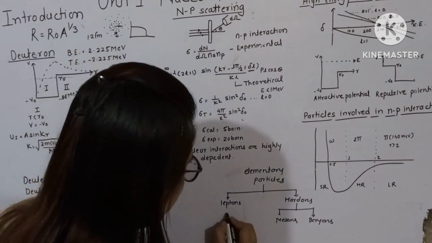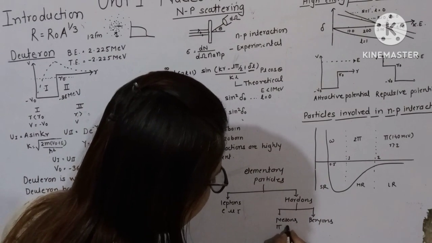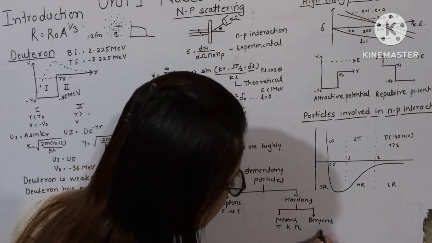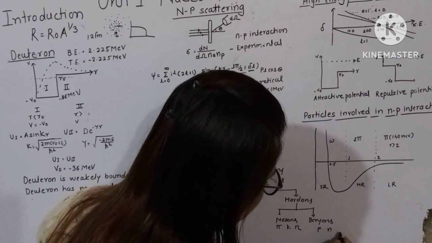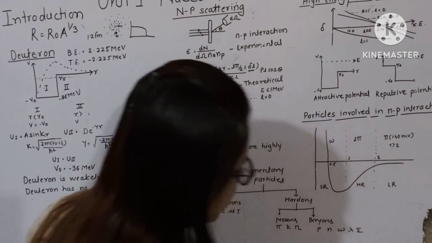Examples of leptons are electron, muon, tau. Mesons are pion, kaon and eta. And the baryons are proton, neutron, omega, lambda, sigma, etc.